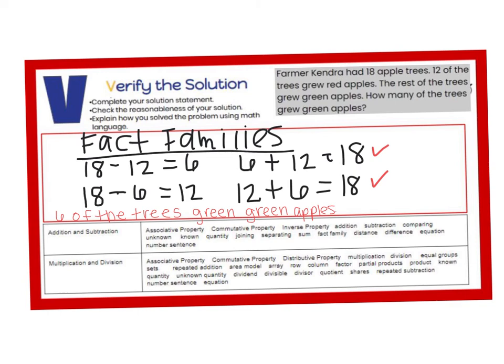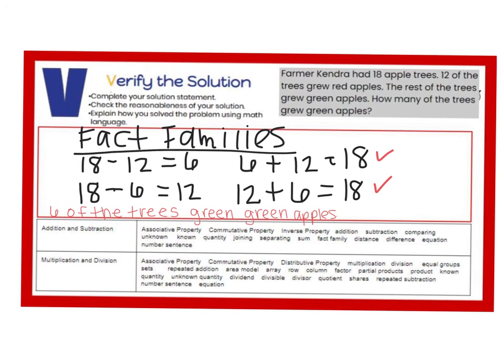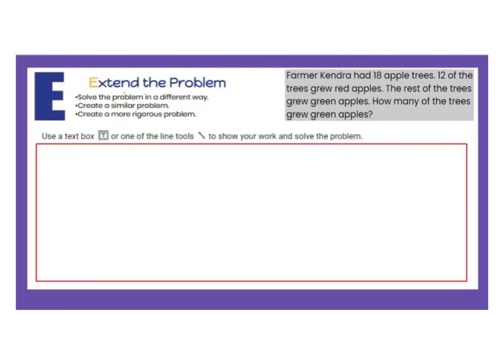And then the last step, which is optional, is to extend the problem. And so we can either solve the problem in a different way, create another problem that is similar to the one that we have, or create a more rigorous problem.